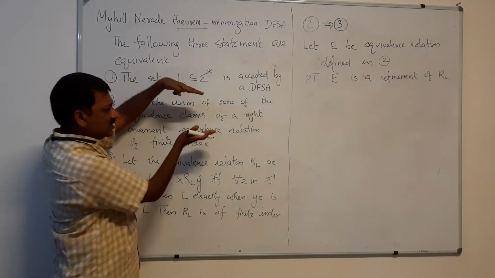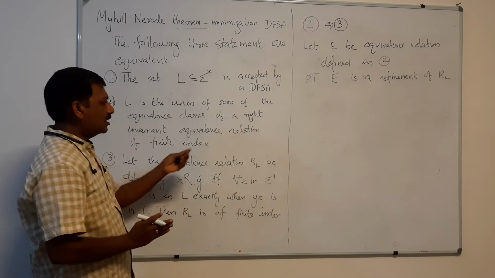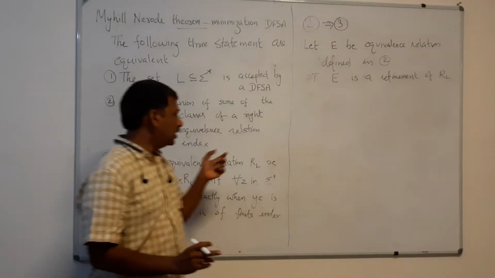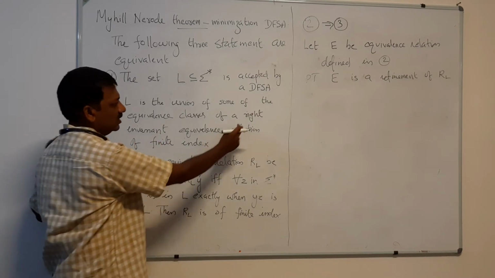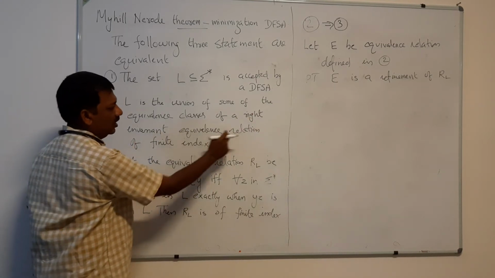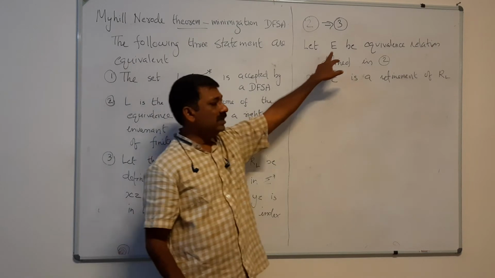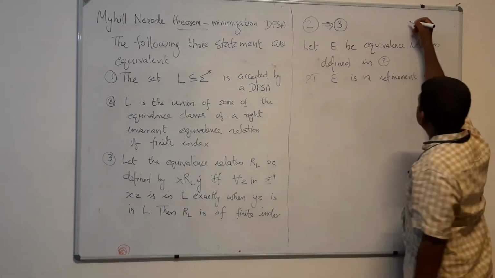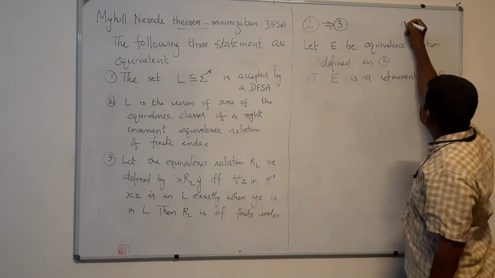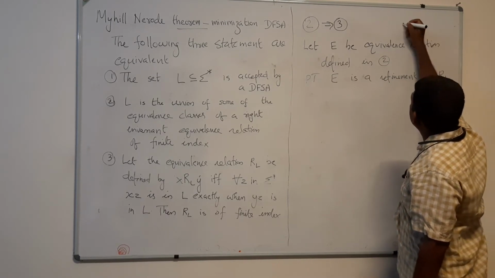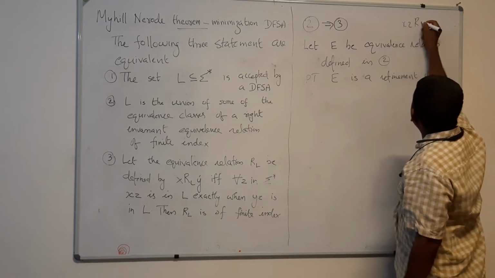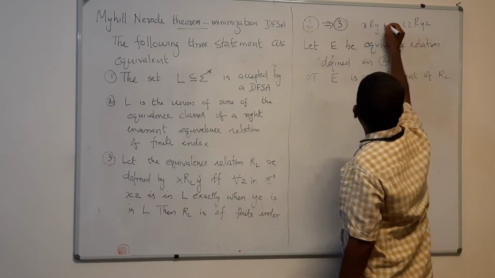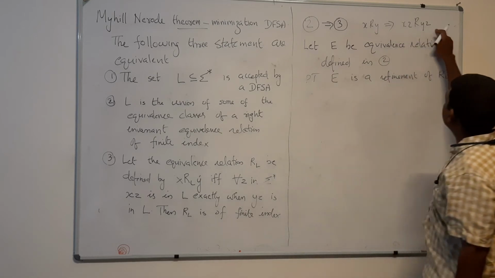Now you have a set of equivalence classes, and the equivalence relation is defined by E. The right invariant equivalence relation is represented by E here. Right invariant, as I told you, what is right invariant? If X is related to Y, that implies XZ is related to YZ.